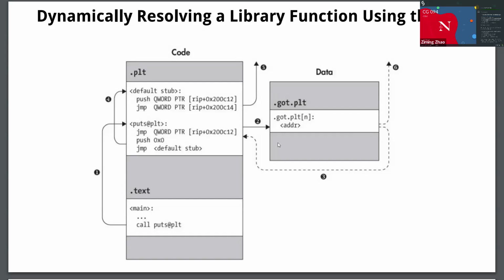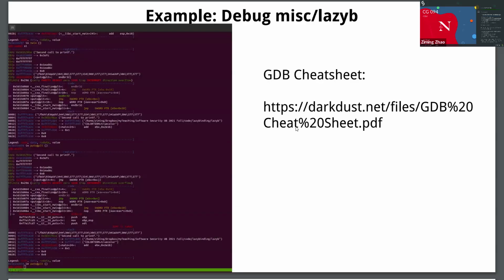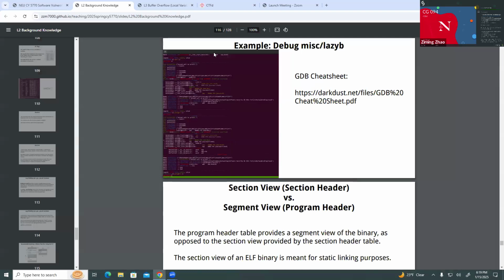If that table doesn't have the address, then it will go to a default stub, which will resolve that address. After the address is resolved, it will put that address in this table. So the second time you call it, it will directly go to this address. We can show a demo of this.